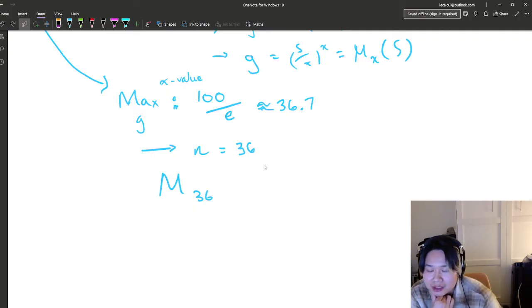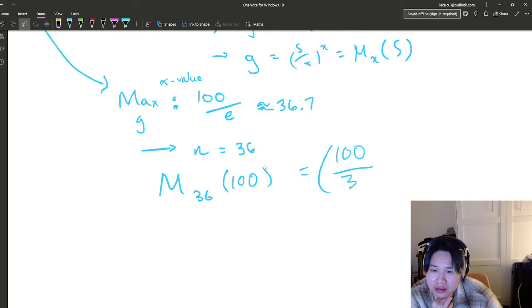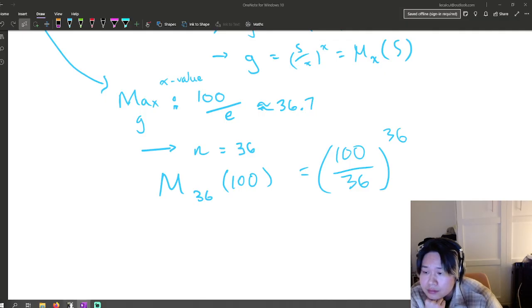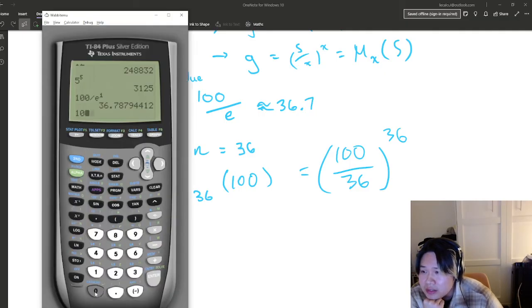My maximum product should be when N is 36. And they said the sum was what, 100? So this is 100 over 36 to the power of 36. So now 100 divided by 36 to the power of 36.